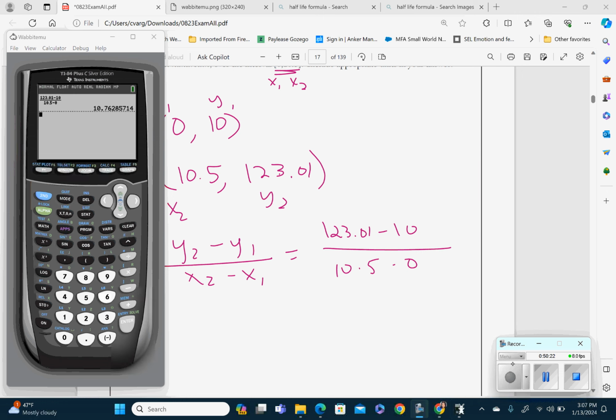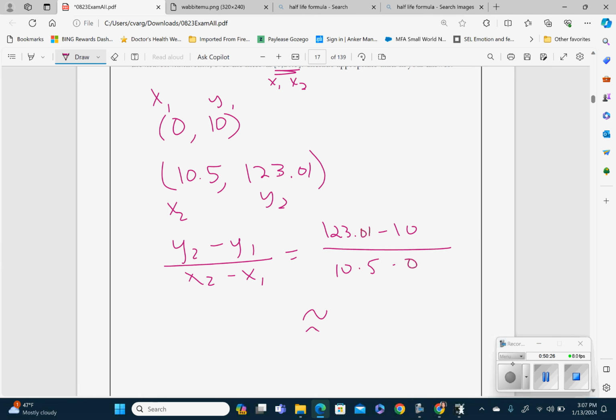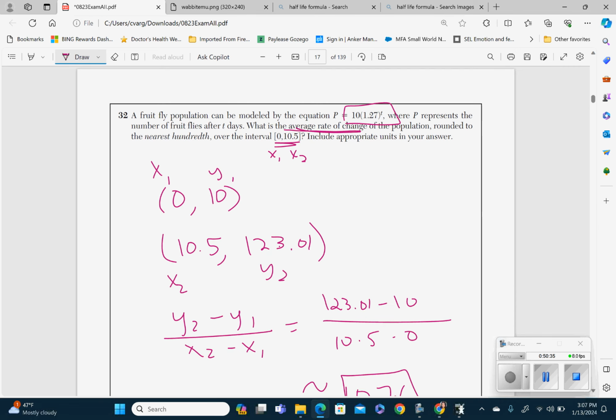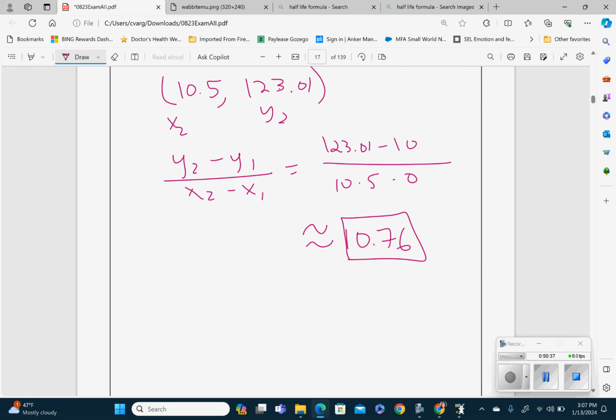It says round my answer to the nearest hundredth. So this is about 10.76 fruit flies per day, right? Fruit flies per day. It says include appropriate units. So we do need to write fruit flies per day.